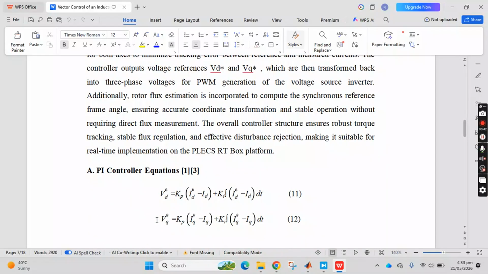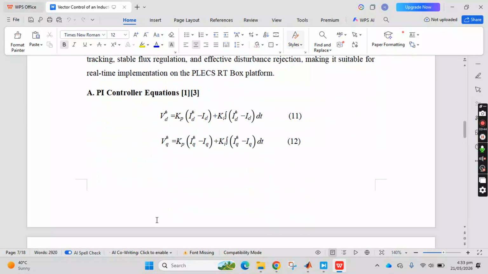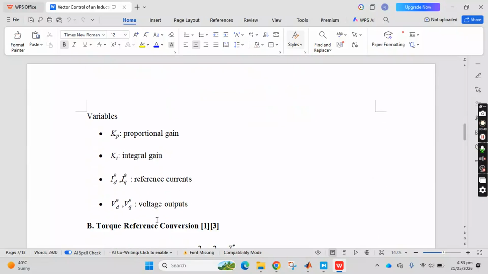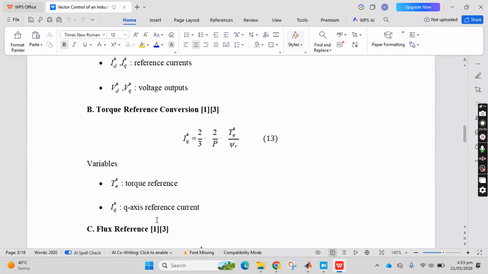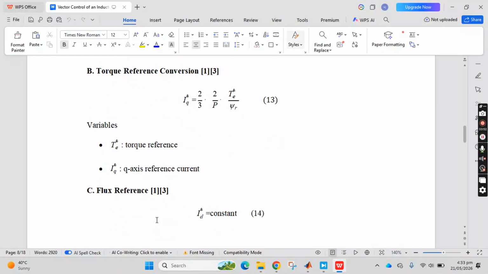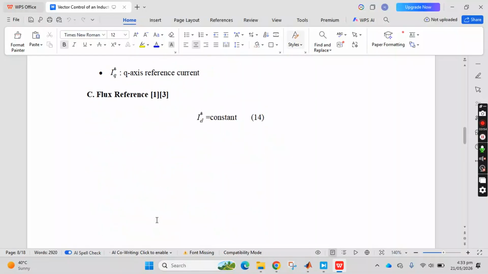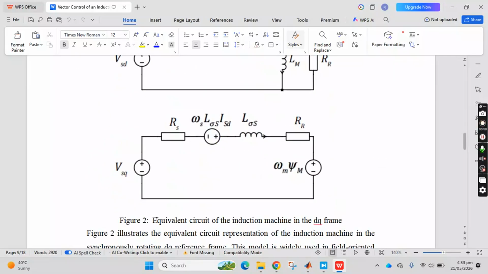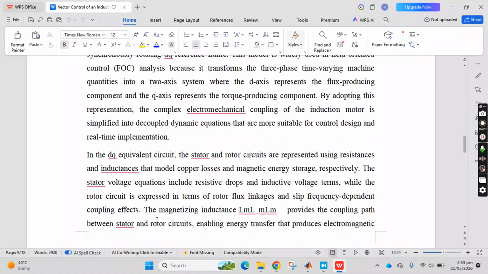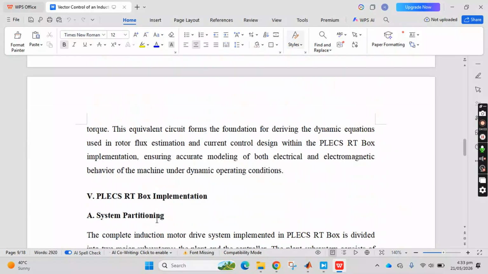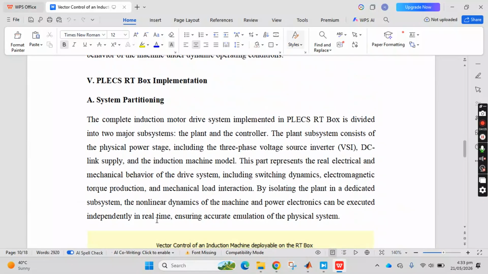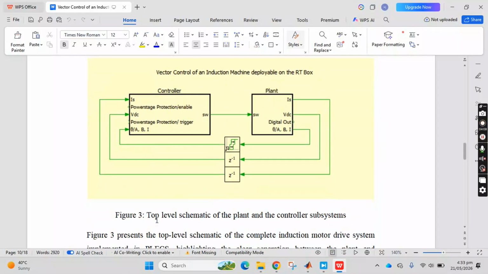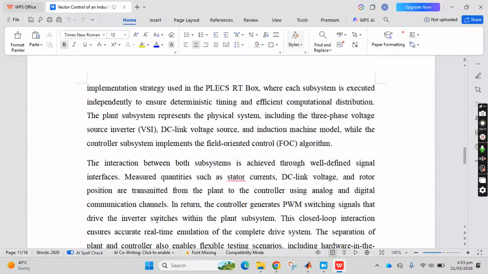PI controller equations are used, the normal equations for proportional and integral action, reference currents, and reference voltages as outputs. Then the torque reference conversion equation, the flux reference, as well as the complete equivalent circuit of the induction machine in the DQ frame, the field-oriented control system, then the PLECS RT Box implementation, system partitioning, and the top-level schematic of the plant and controller system.